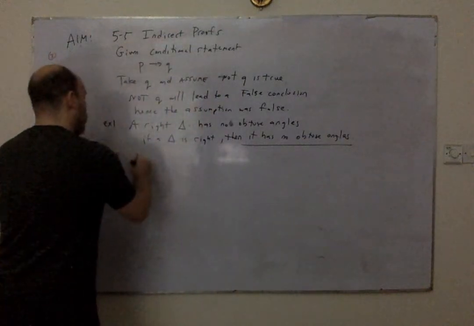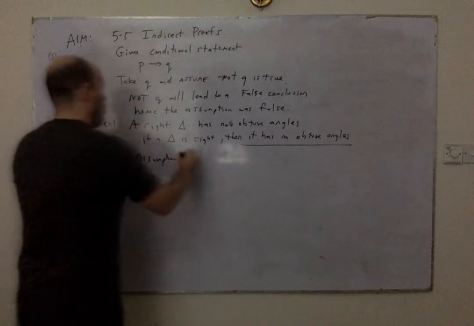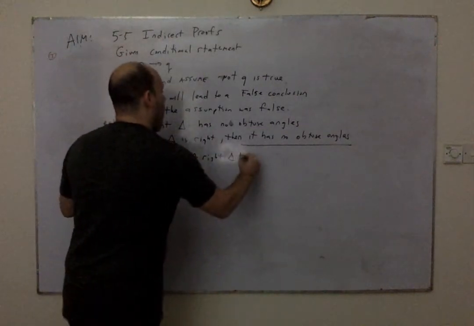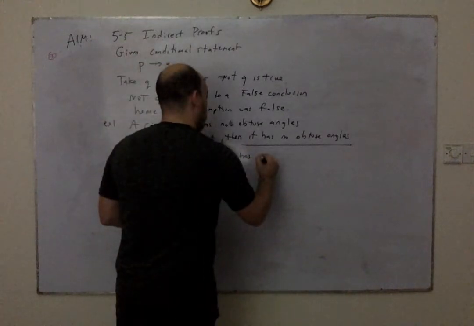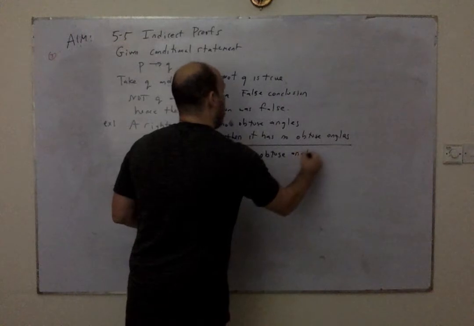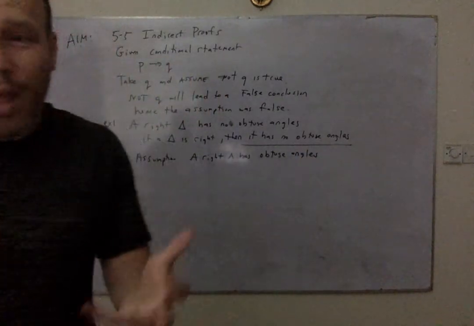Say, okay, assumption: a right triangle has obtuse angles. Well, let's work through. Let's assume that's true.